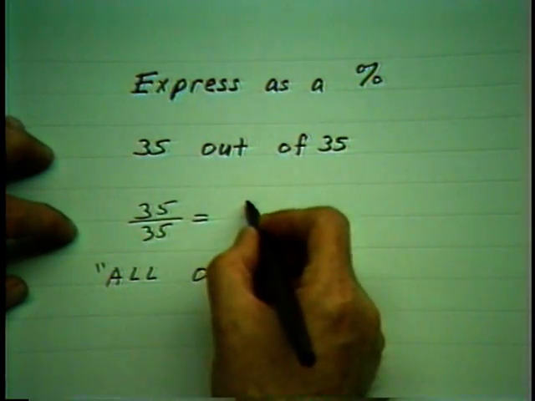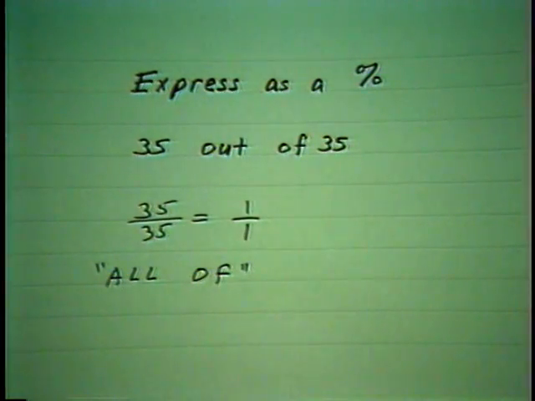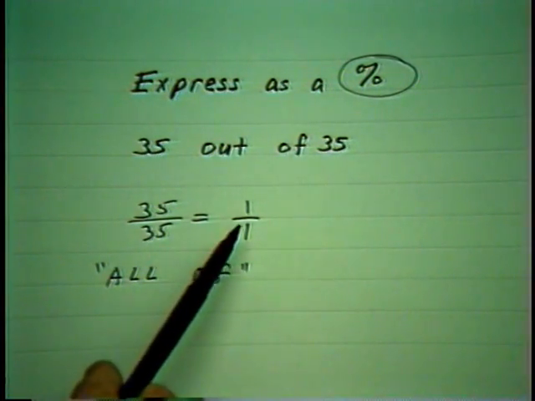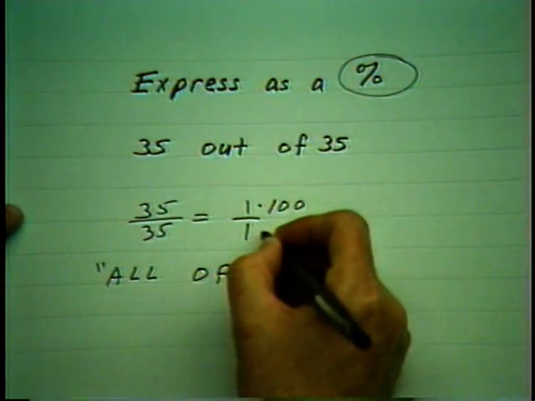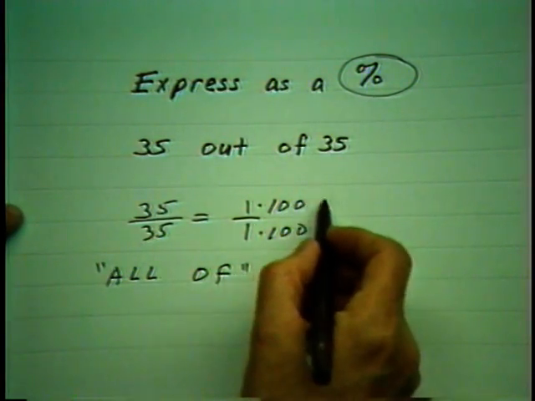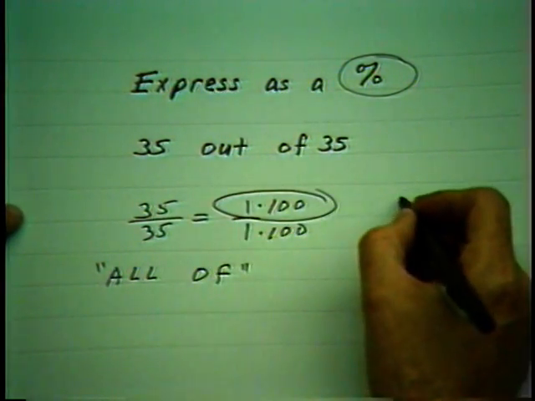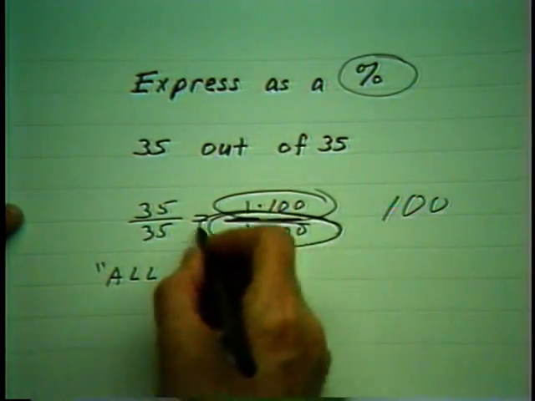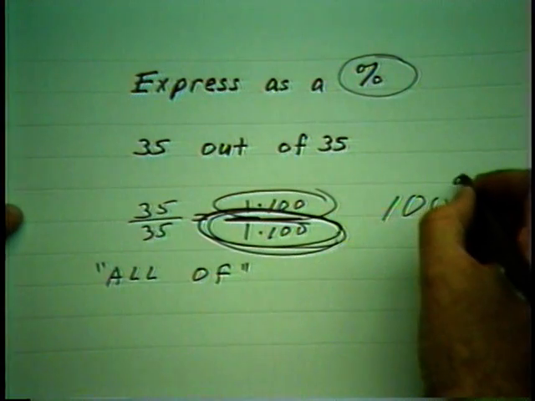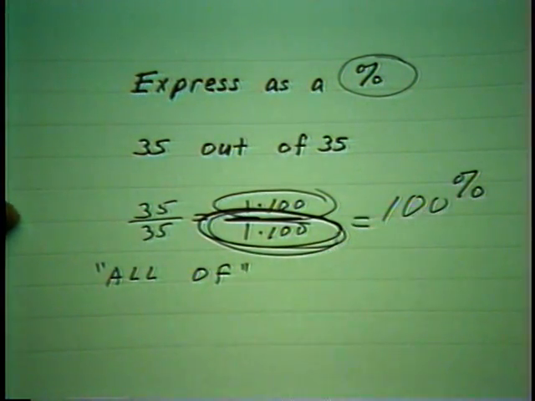Okay, but that, of course, reduces to 1 over 1 or just 1, but I can't express it as a percent until that denominator is 100. So if I multiply top and bottom by 100, I now have 100 per hundredth, and this per hundredth becomes percent.